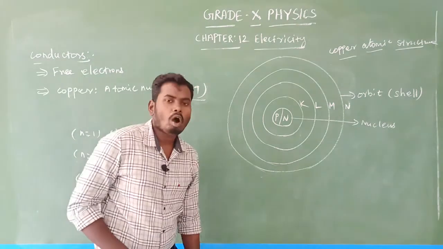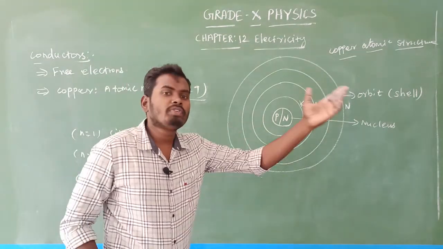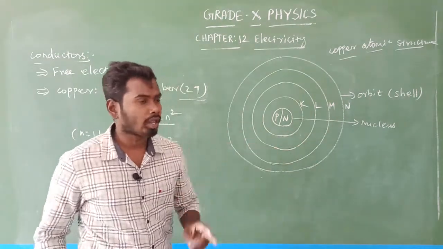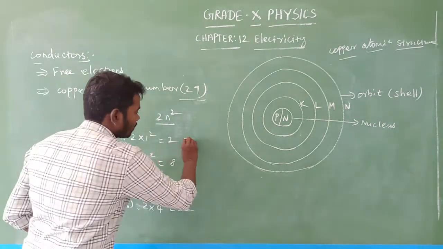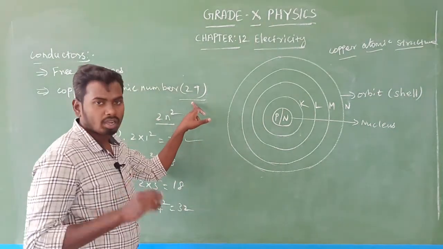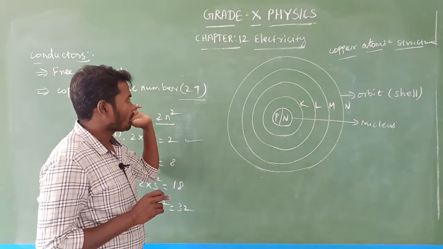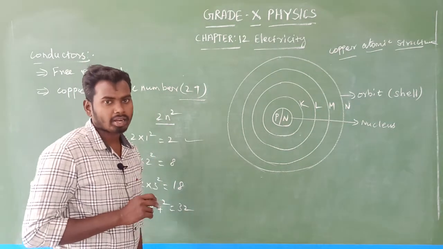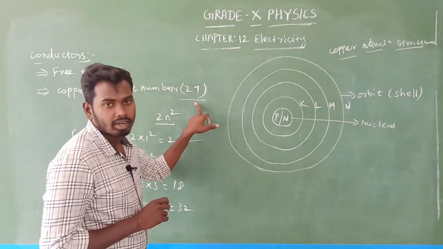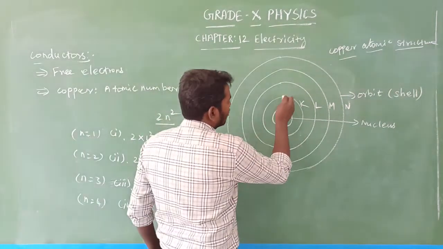In the first cell, how many electrons are to be filled? Just 2 electrons are to be filled in the first one. Am I right? Yes. Copper atom has how many electrons? 29 totally. So 2 electrons are filled here.